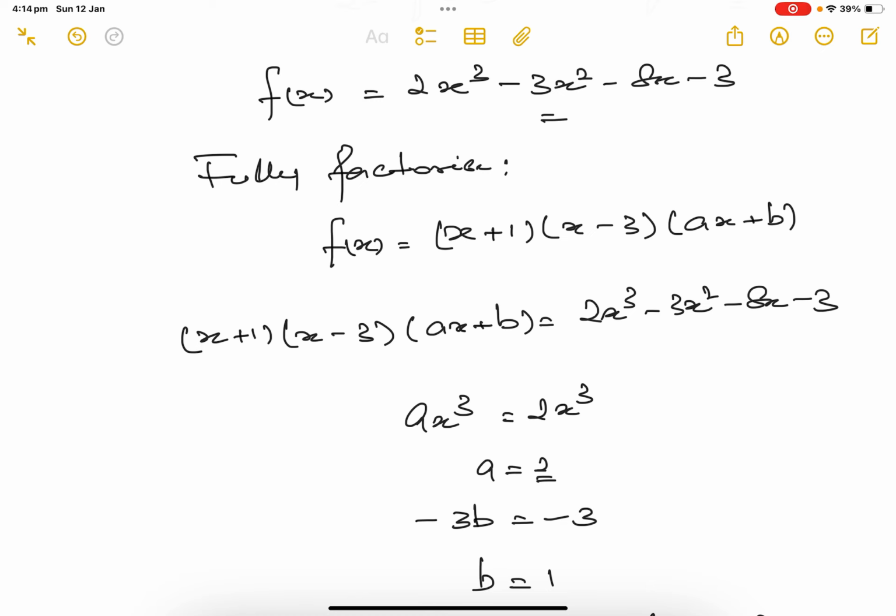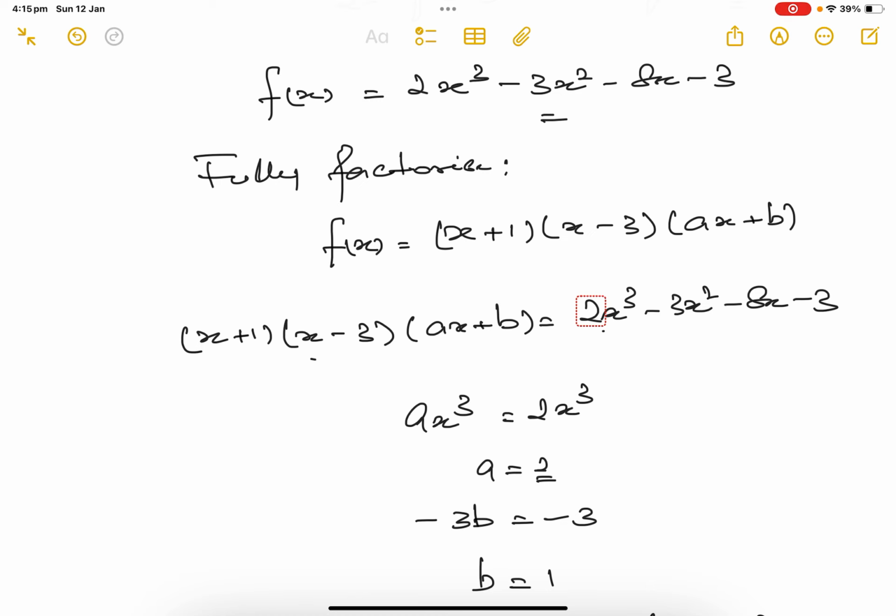f(x), we know, is 2x cubed minus 3x squared minus 8x minus 3. Do not bother expanding the left hand side fully; we can do it quickly. We know the coefficient of x cubed is 2. On this side, x times ax will give you the third order term, ax cubed.